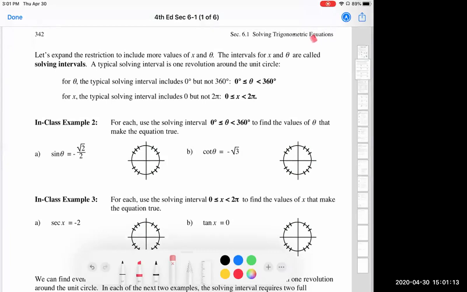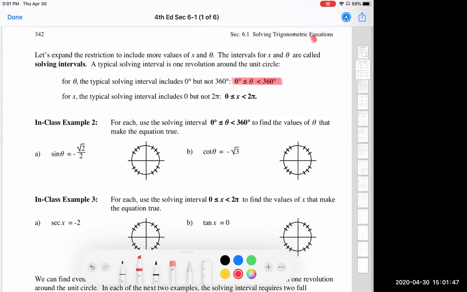Let's expand the restriction to include more values of x and theta. Find intervals for x and theta. The intervals for x and theta are called solving intervals. A typical solving interval is 1 revolution around the unit circle. For theta, the typical interval includes 0, but not 360. So we write it in inequality notation, is that what it would be called?